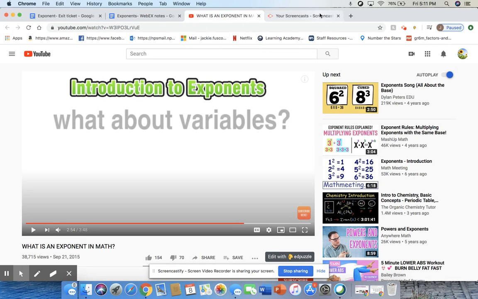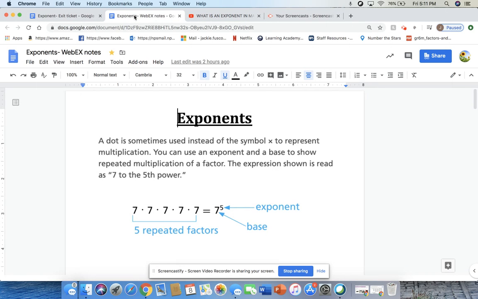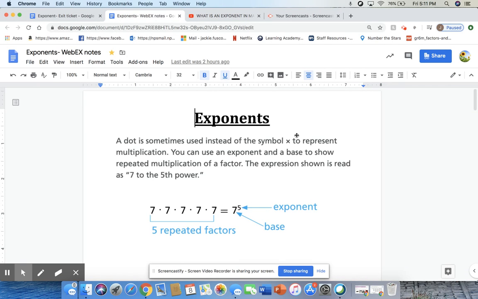Okay, so we're going to look at some notes about exponents. Sometimes you'll see that a dot, we've talked about this before, is used to represent multiplication, okay? So you'll use an exponent and a base to show repeated multiplication. Repeated is something that happens over and over, right?